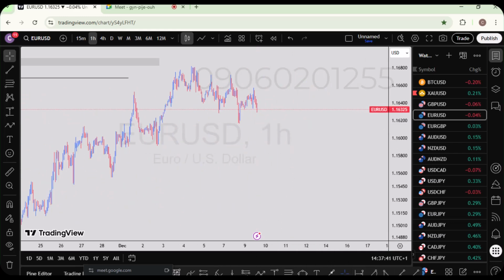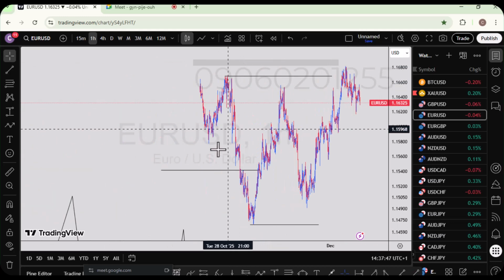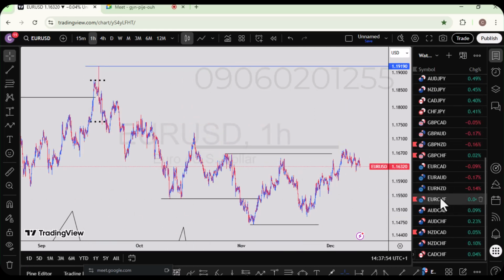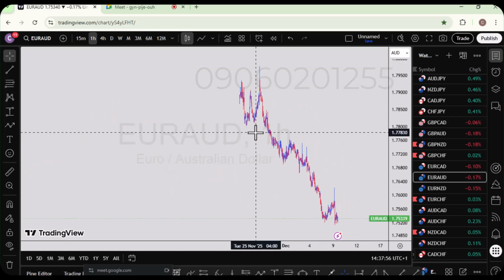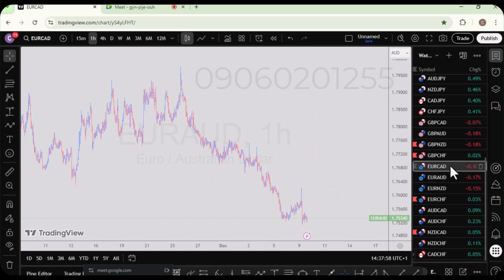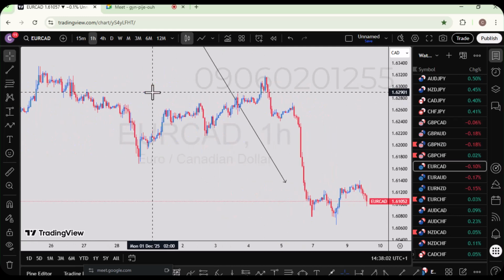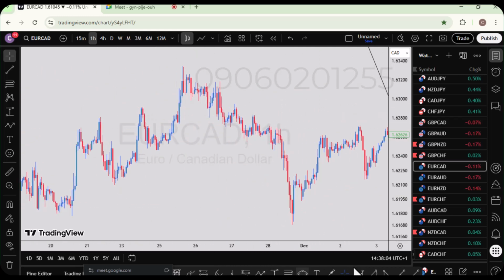Let's check the one on Euro USD. From this level, we cannot construct anything right here. Do you have any example you would like us to check? All right, so let's check this one out.